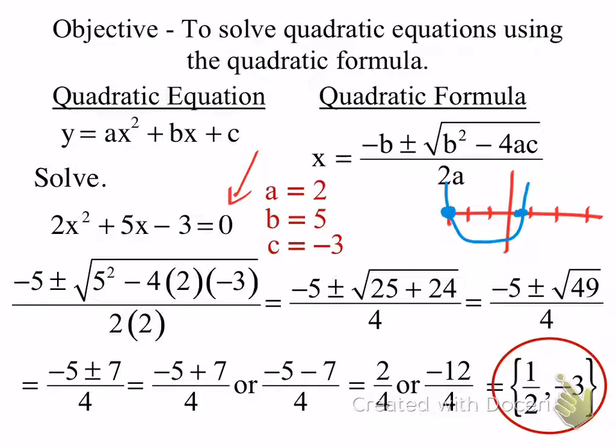This is 1/2 comma 0, and this is negative 3 comma 0. When we write it as a solution to the quadratic, we put it in braces, but if you're trying to identify the roots, we use the point. Remember, when we set y to 0, we find the x-intercepts. When we set x to 0, we find the y-intercept. Okay?